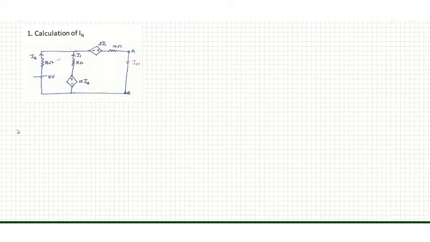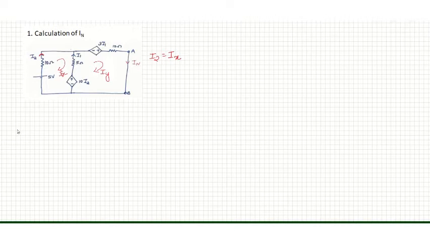Two mesh currents, IX and I1, are marked like this, and I2 is given in the question. From this circuit it is clear that I2 and IX are the same, so I am writing I2 equal to IX.